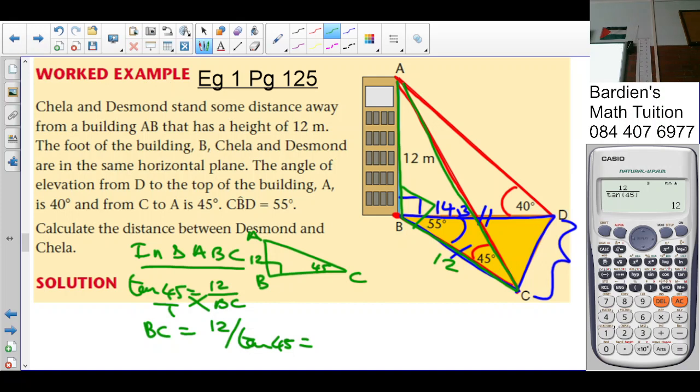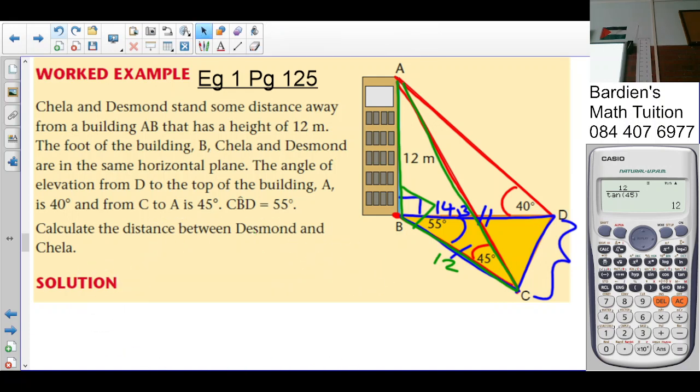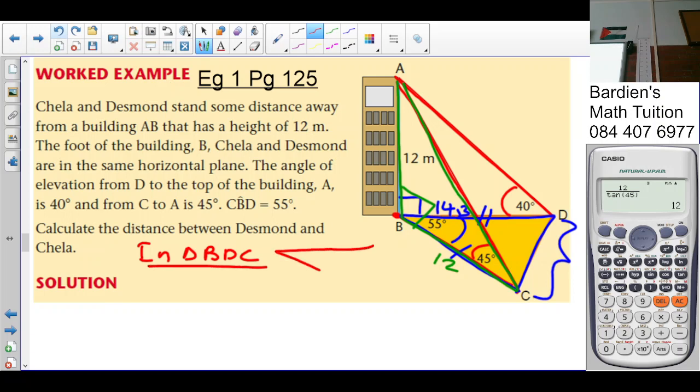So for this triangle on the floor, in the same horizontal plane, I can now apply the cos rule. Again, I need the space here. According to the cos rule in triangle BDC, we have a triangle looking like this now.